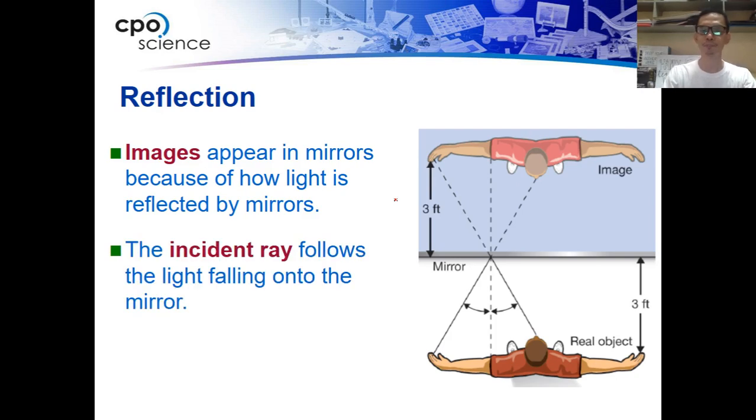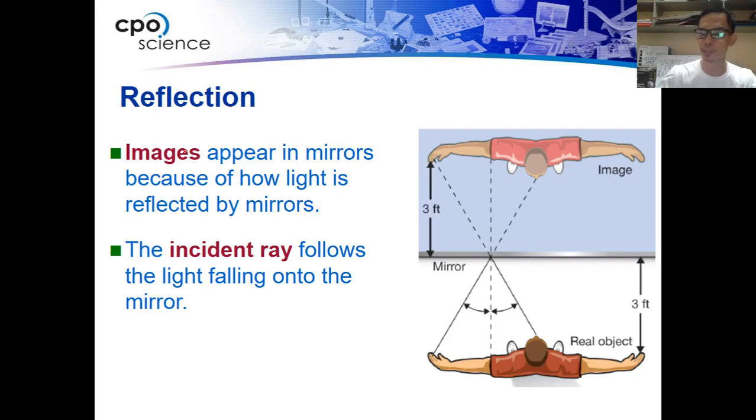So what do we have right here? We have some rays that you should take note of when studying reflection and refraction. The first ray that goes onto any surface we call the incident ray.